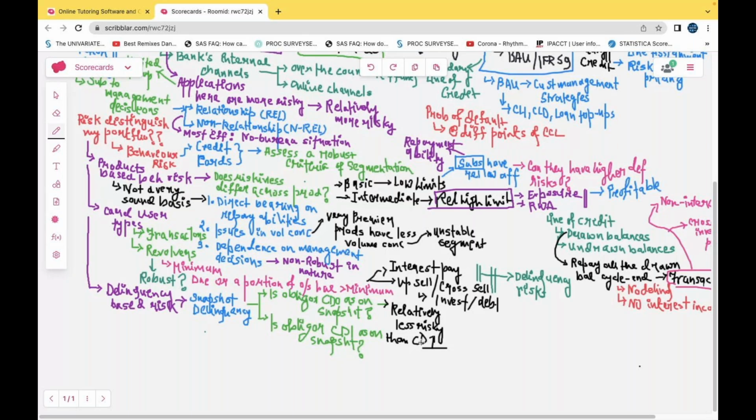The transactors and revolvers were from the payment side, but the product type factors were more from the billing side. And if they are from the billing side, then what happens over here is that it is not really possible.